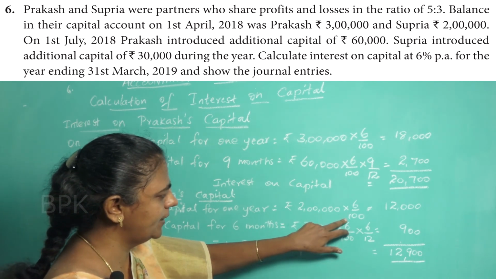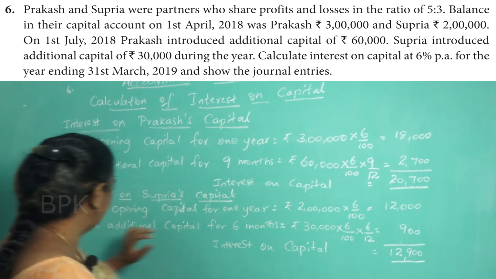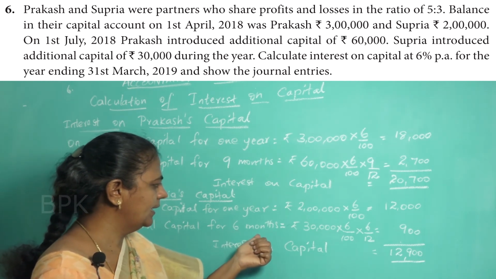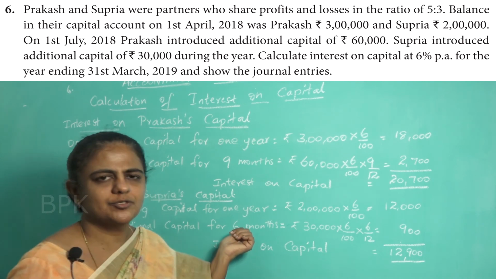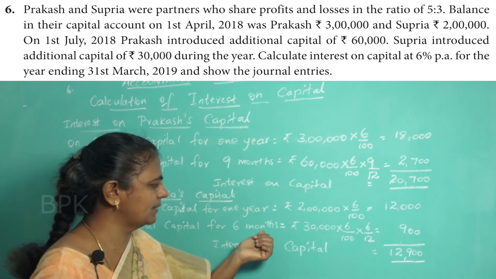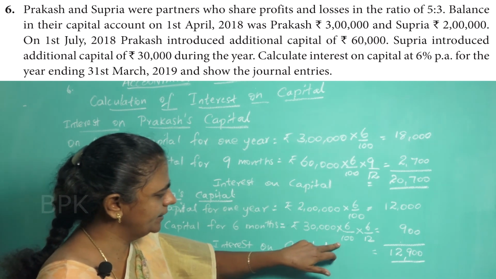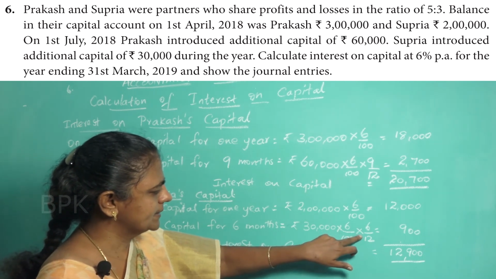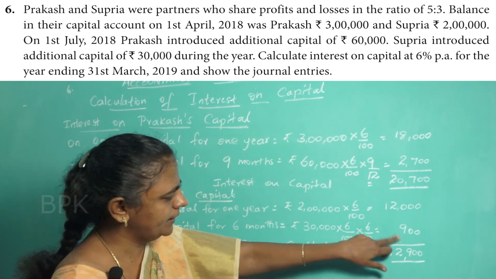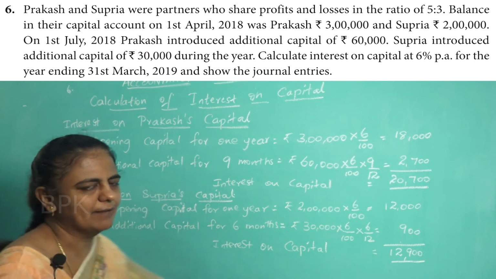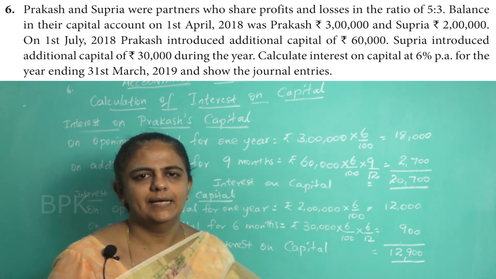That into 6 by 100, you will get 12,000. Then she is introducing additional capital, but the date of introduction is not given. When it is not given, we don't know how many months to calculate. So you take it for 6 months. She is introducing 30,000, 6 by 100 into 6 by 12. So that will give you 900, your total is 12,900. So this is the calculation. This is how you have to calculate interest on capital.